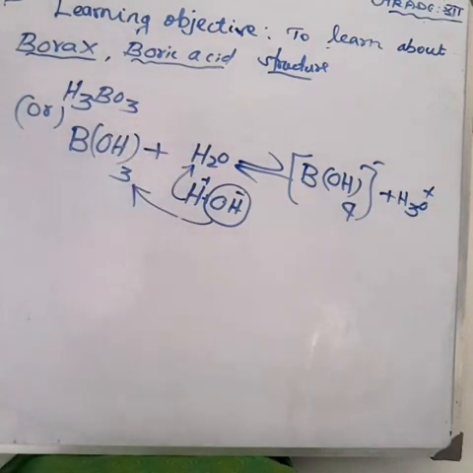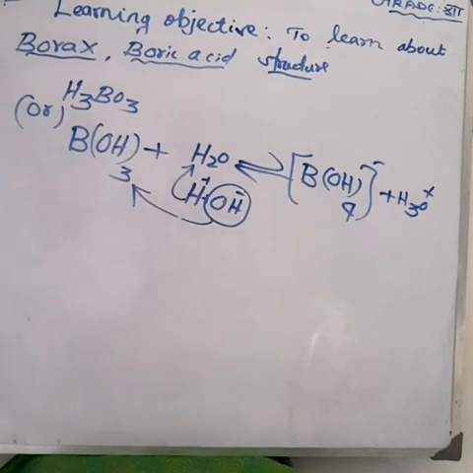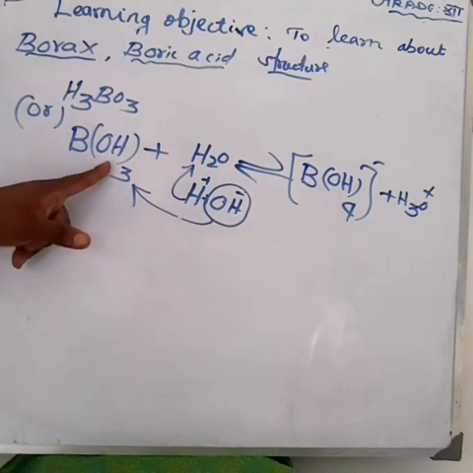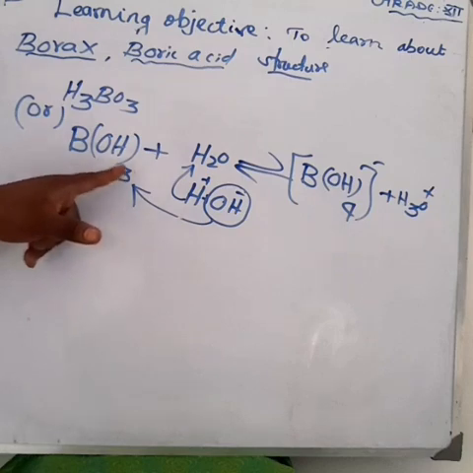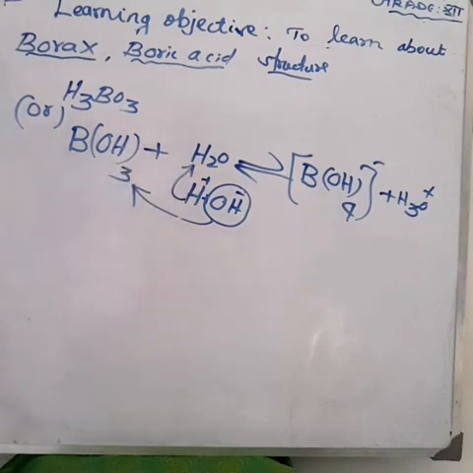Can you understand, my dear children? Here the water molecule is dissociated into H plus and OH minus ion. One of the OH groups attaches to the boric acid, we get the B(OH)4 unit, and the hydrogen combines with another water molecule, we get H3O plus.